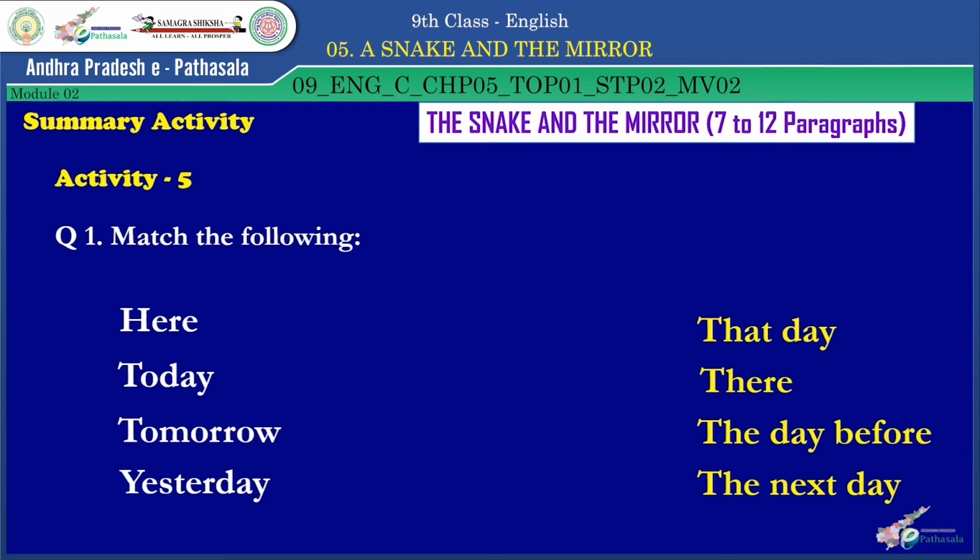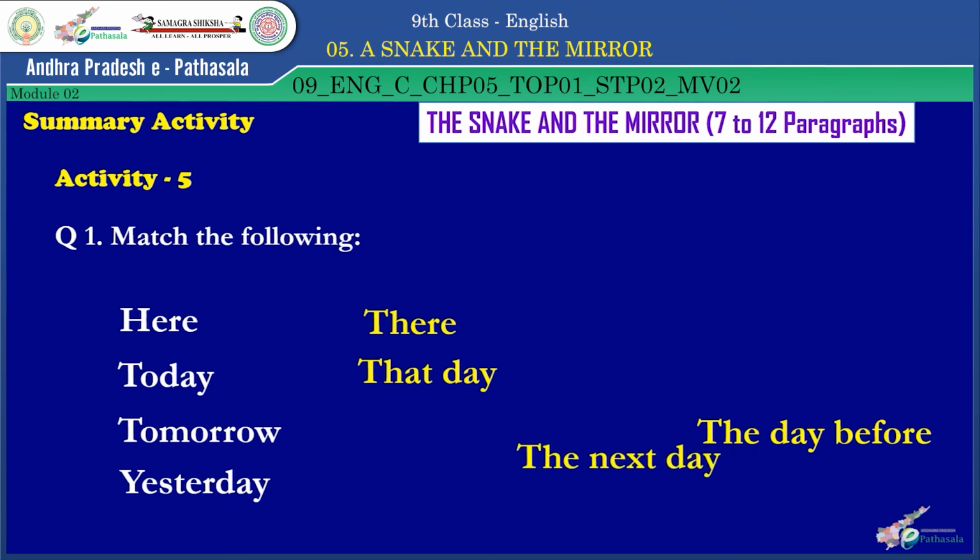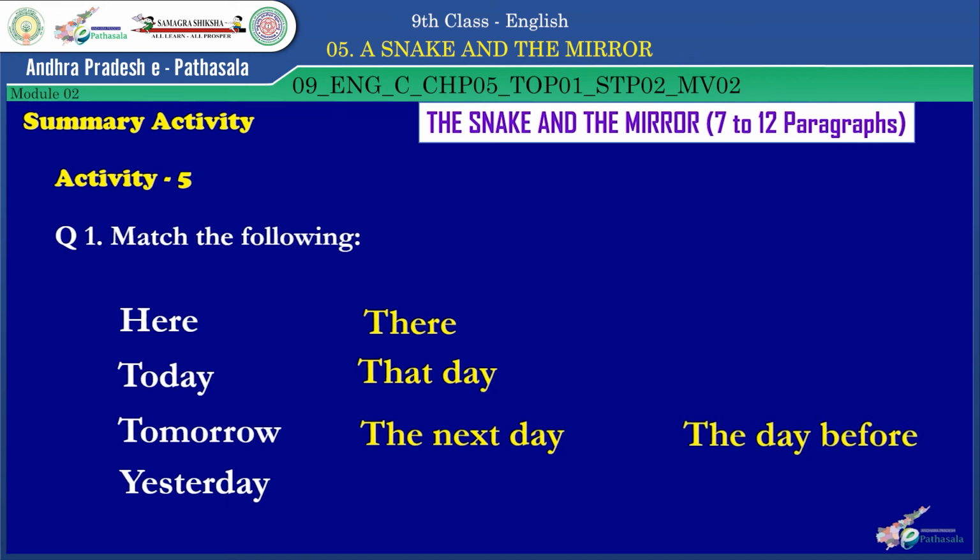Firstly, here, there is the right answer. Here, there. And for today, that day is the right answer. See how good you are. And for tomorrow, that is the next day. And my dear students, yesterday from direct speech is changed into the day before in reported speech.